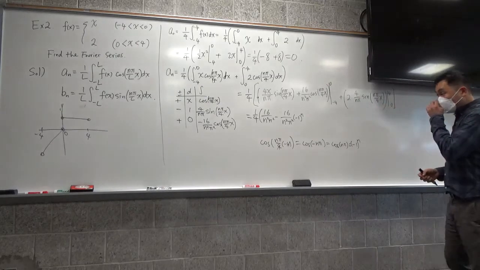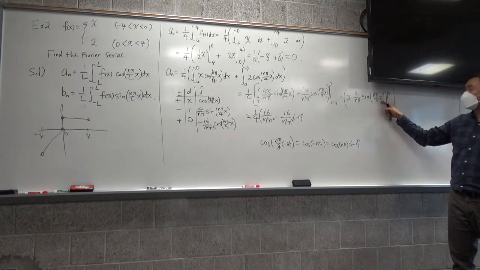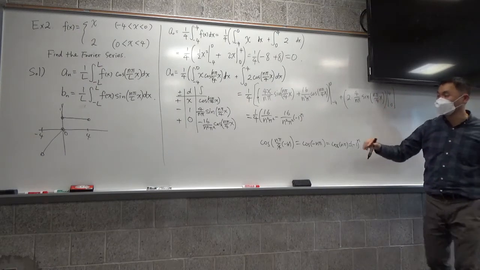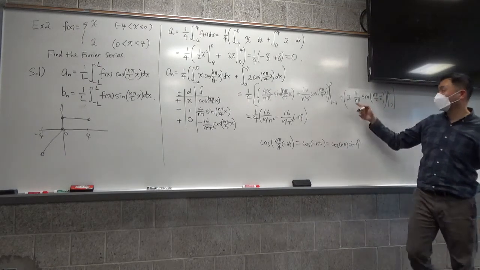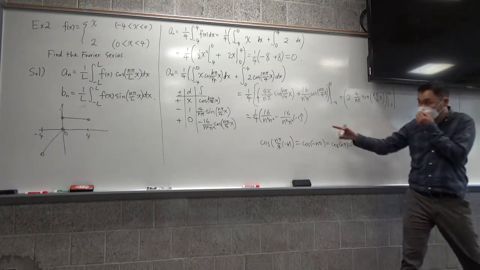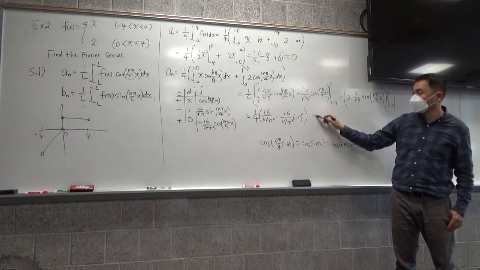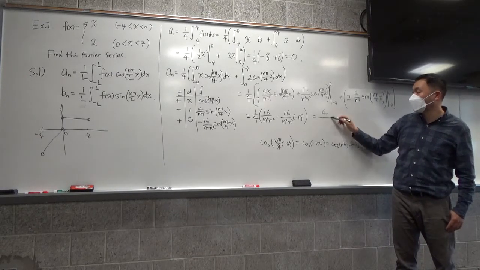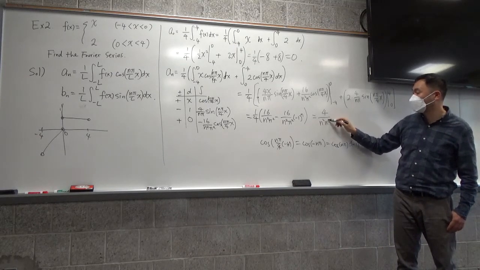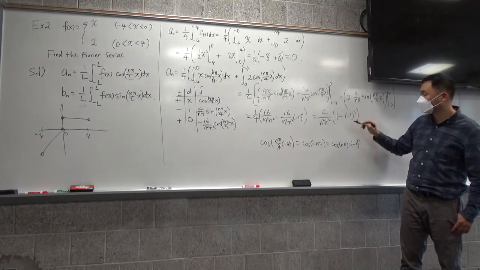On the other hand, when you plug in 4, you get sine n pi, that's 0. When you plug in 0, that's 0. So that's it. You don't get anything from the second part. Okay? You only get this as your answer. And once you divide by 4, this is 4 over n squared pi squared, 1 minus negative 1 to the nth power.